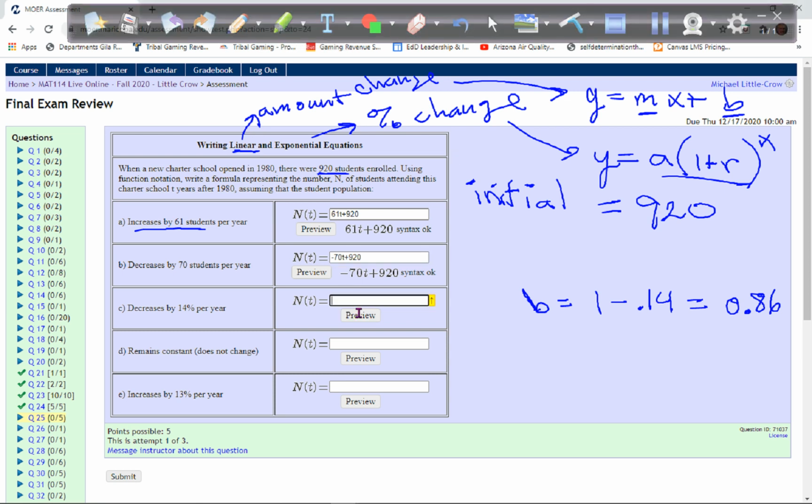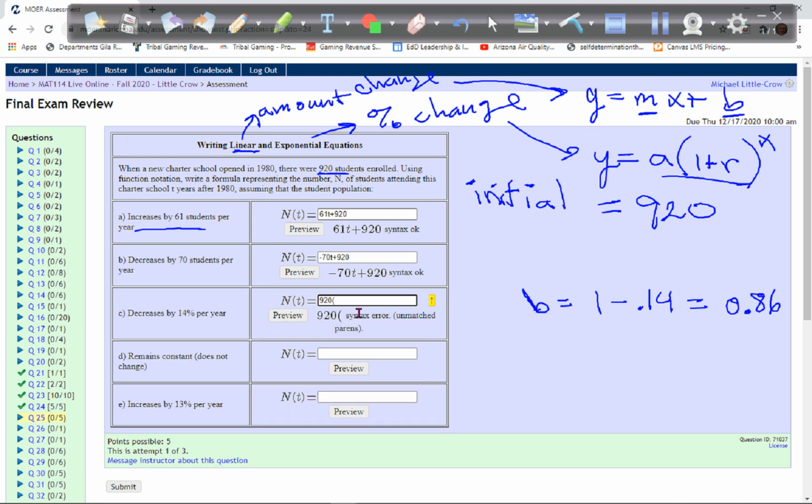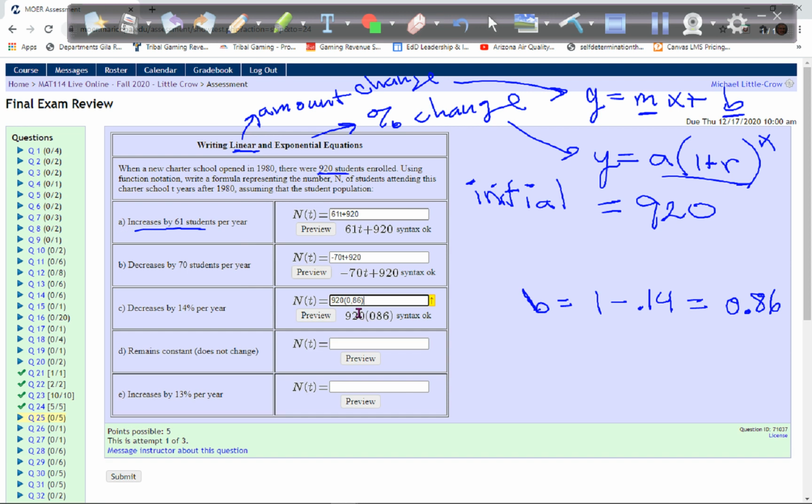We're going to have n of t equals the starting value, 920, times the base, 0.86, and then that's raised to the t power. And again, you can use a little yellow arrow here if you want to, but we'll just do it this way.